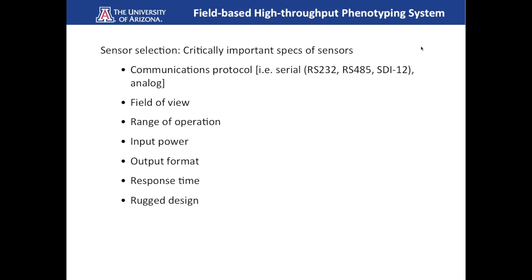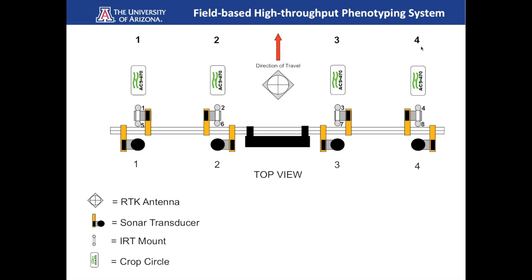Response time is a very, very important one, because you can think about these platforms moving through the field, and you want to collect data as that platform is moving. So ideally you want a fast sensor. The output format is also an important one, and rugged design, something that you can take to the field and will perform accordingly.